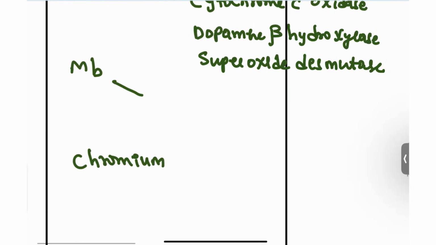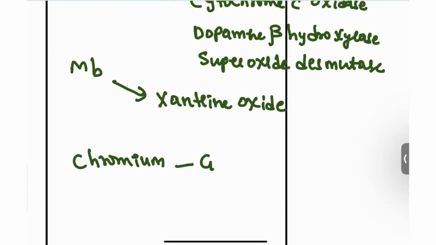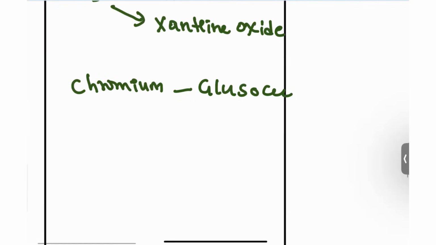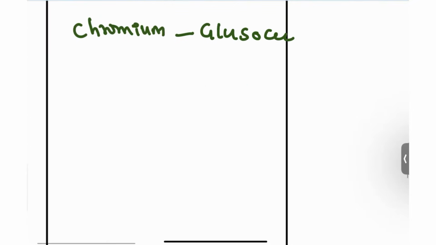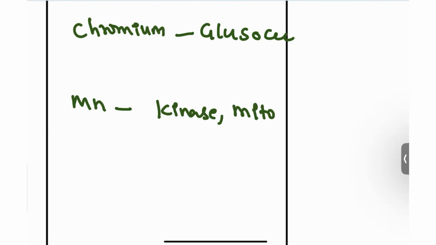Molybdenum is seen with xanthine oxidase. Chromium is important for glucose. Next, manganese: this is for kinase and also mitochondria.